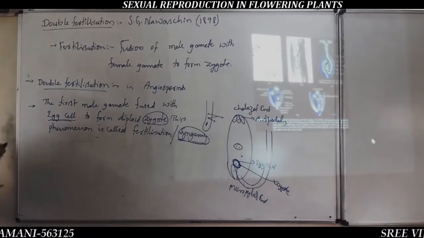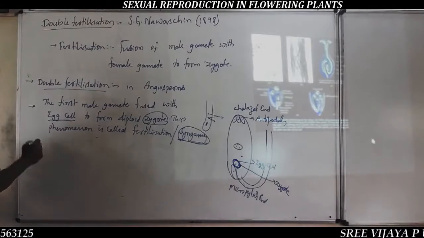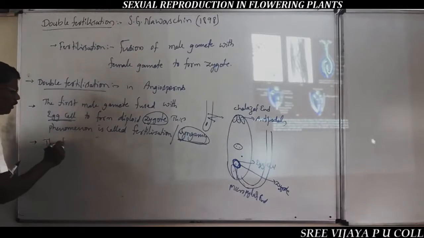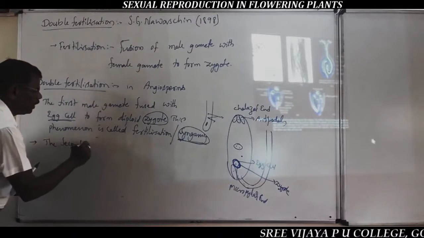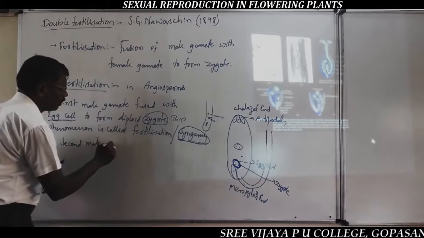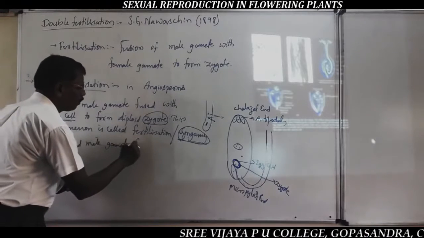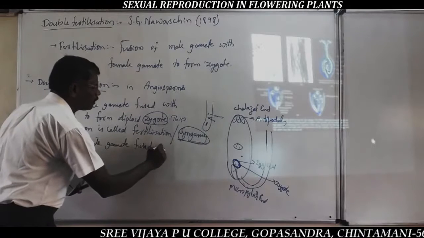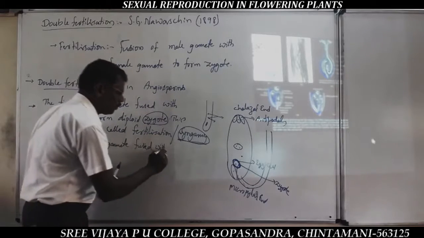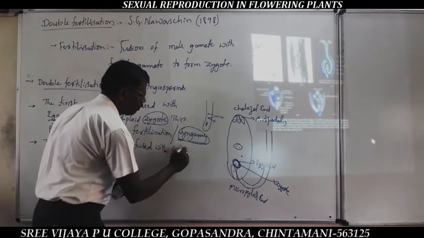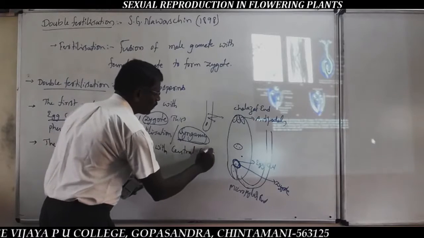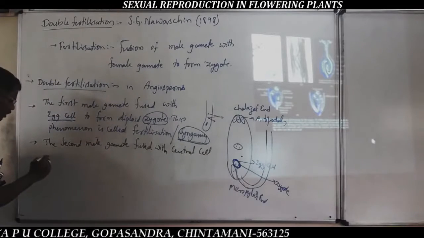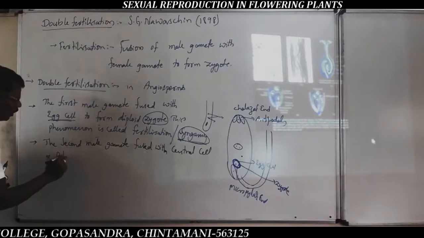The second male gamete fuses with the central cell or polar nuclei.